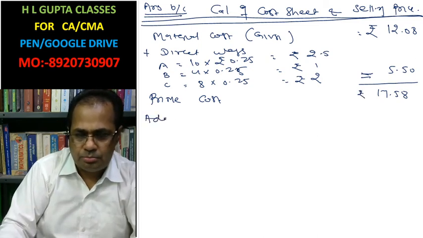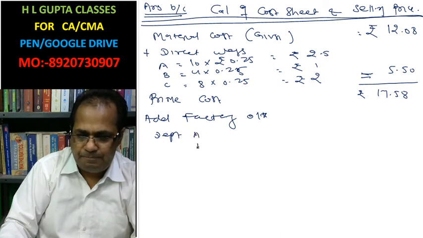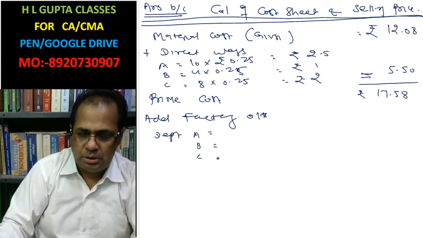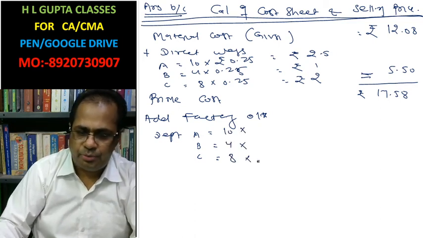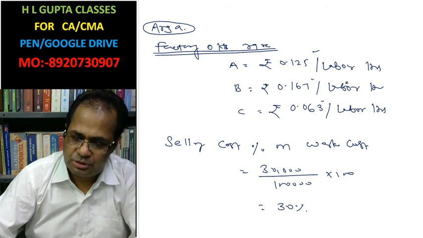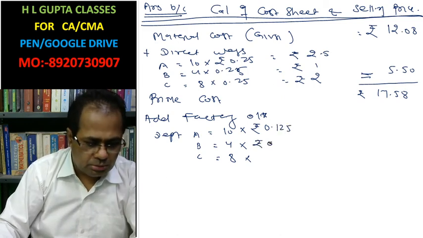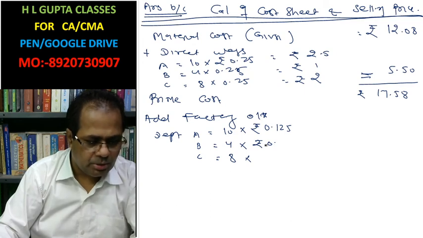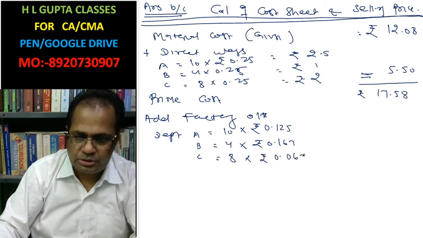Add factory overhead, departments A, B, C. This is 10 hours, 4 hours, 8 hours, into the factory overhead rates 0.125, 0.167, 0.063.